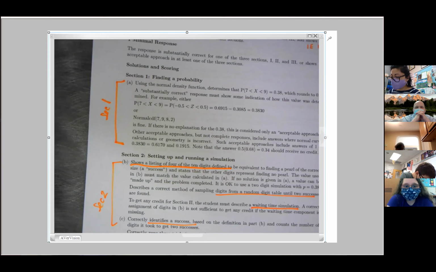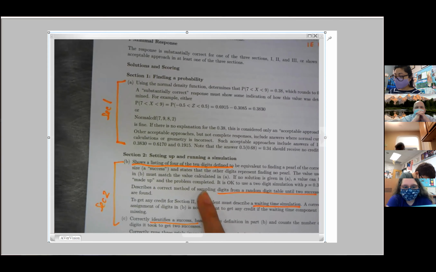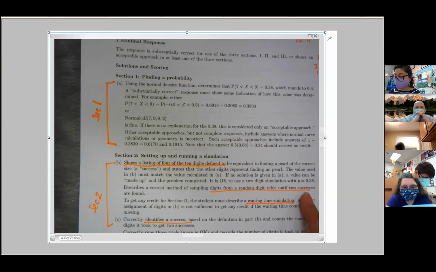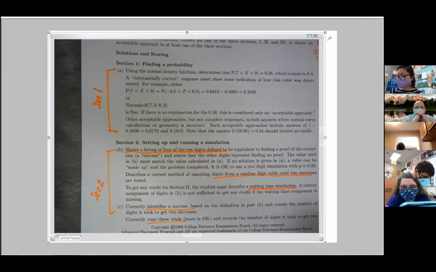Using 2 digits would also be acceptable as long as you were well-defined. So you need to describe the appropriate method, talk about getting your 2 successes, and running the trial 3 times. If you ran it more than 3 times, that wasn't a problem if you accidentally kept going, but you used 3 to do your approximation.